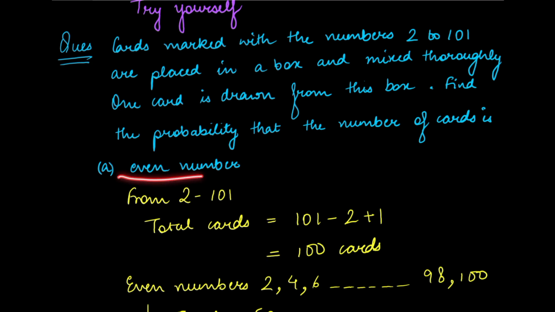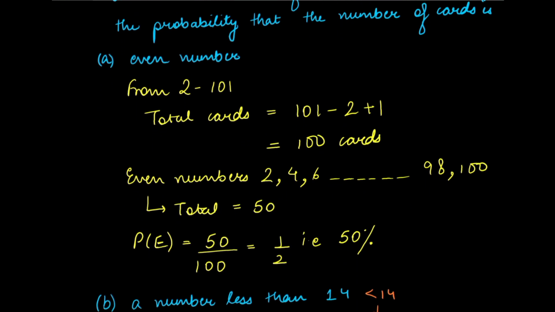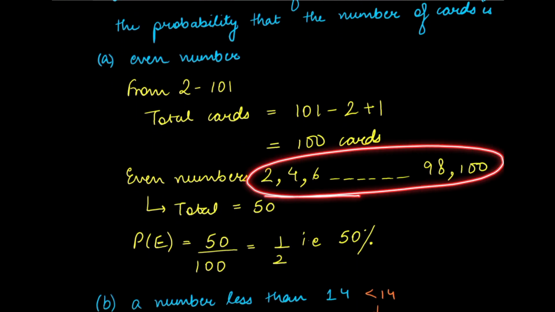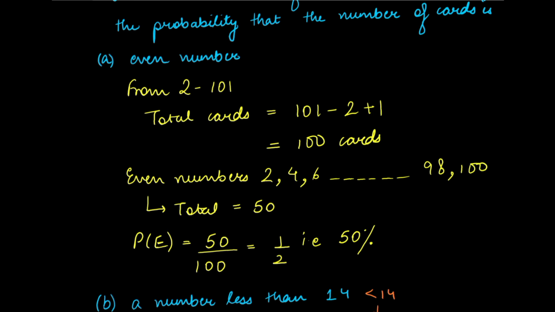Now we need to find the probability of having an even number. The first number, that is 2, is itself an even number. Then we have 2, 4, 6 and so on till 100. There are total 50 even numbers. We can directly see it, or we can apply the AP also.